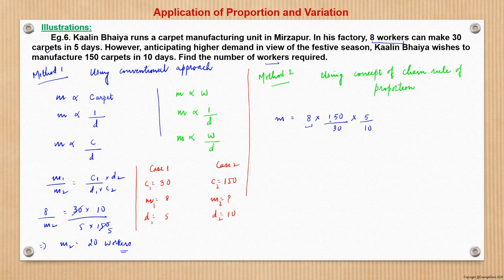Then we will start applying the impact of other factors. What will be the impact of more carpets to be produced? More carpets produced, so more manpower required, so the ratio will be more than 1, so 150 by 30. Now the other factor is number of days. More manpower, less days required, so it has an opposite impact. So here it will be 5 by 10, right?